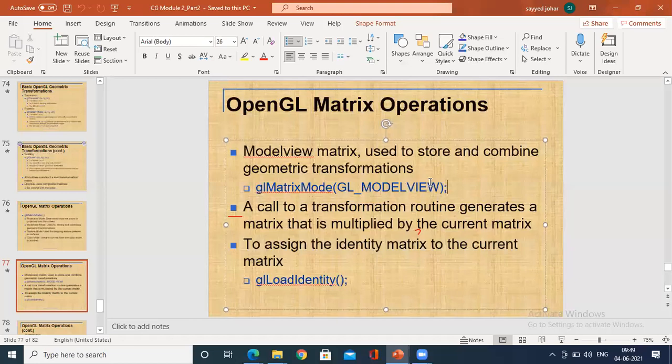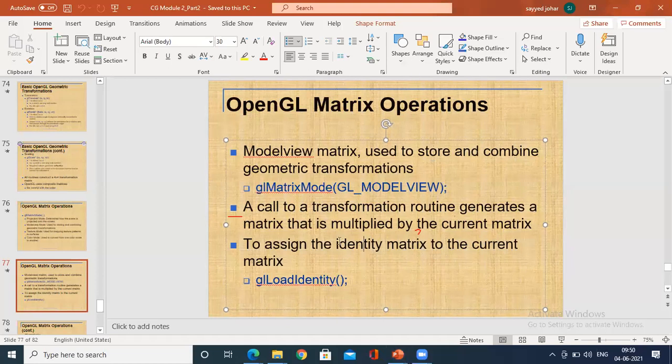A call to these transformation routines generates a matrix that is multiplied by the current matrix. Got it? What is your current matrix? It is the current matrix that you plot on the window using a 500 by 500 window or any GL_LINE_LOOP or GL_POINTS functions. The model view matrix is used to store and combine the geometric transformations.